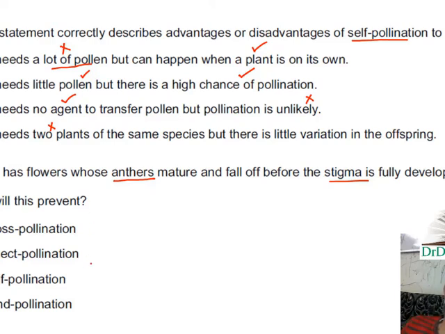This will prevent self-pollination because the male and the female gametes are maturing at different times. So self-pollination cannot occur. Cross-pollination can occur. So self-pollination will not be occurring in this case.